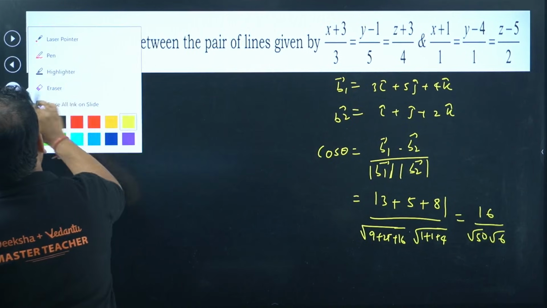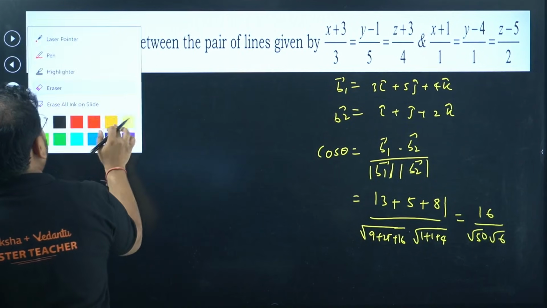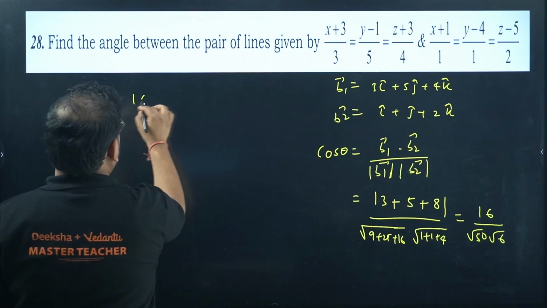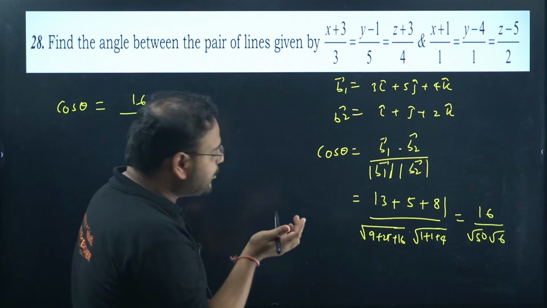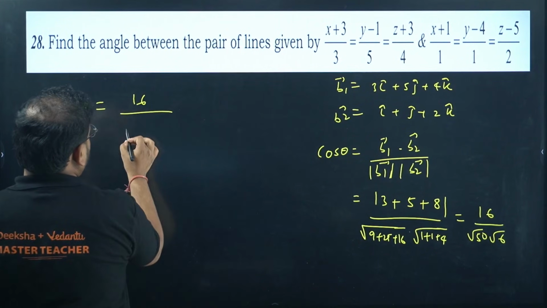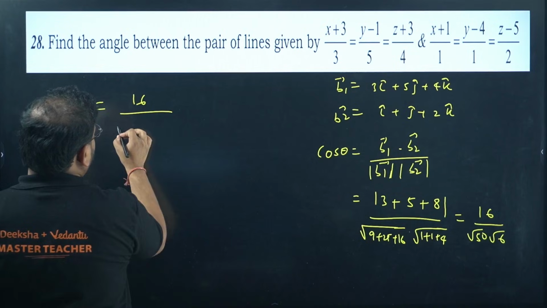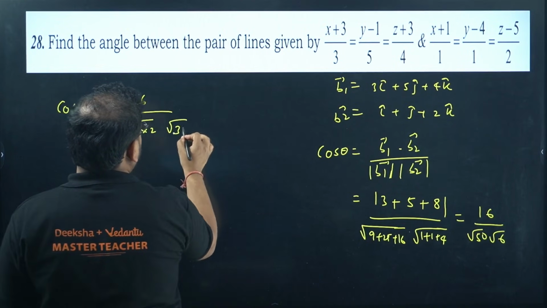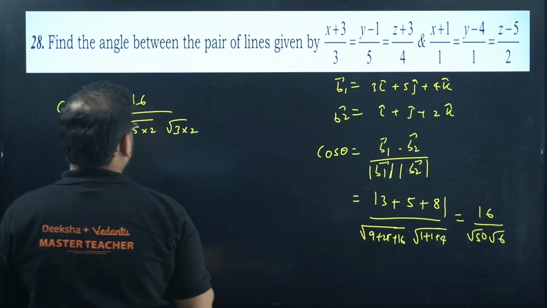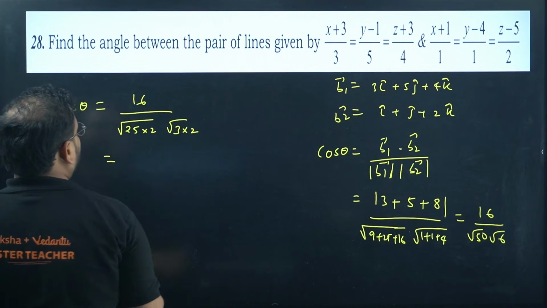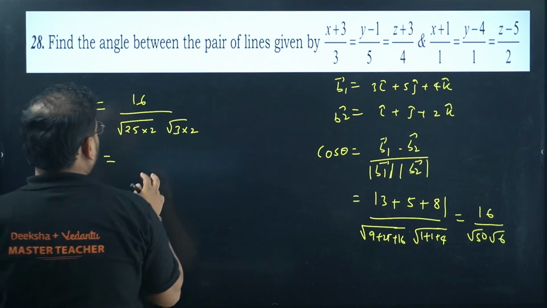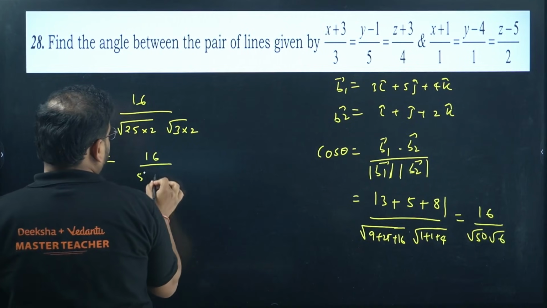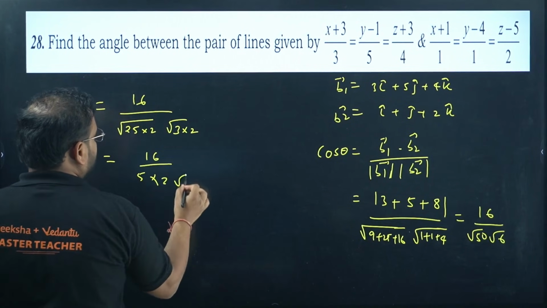For cos theta, what do we have, sir? Cos theta is equal to 16 by root 50, which means 25 into 2, right? So I get 25 into 2 into 3 into 2. The root of 25 will come out as 5, and this 2 will also come out. 3 is kept inside.